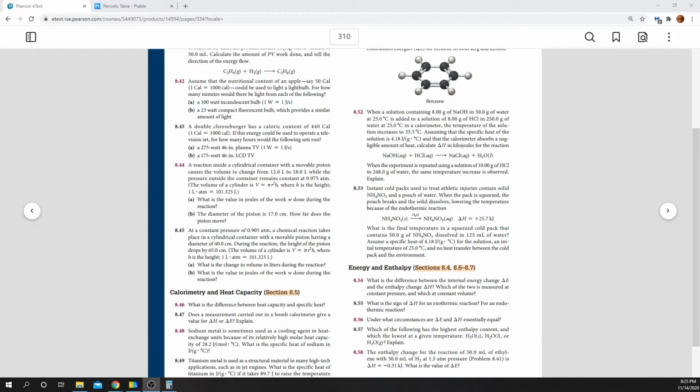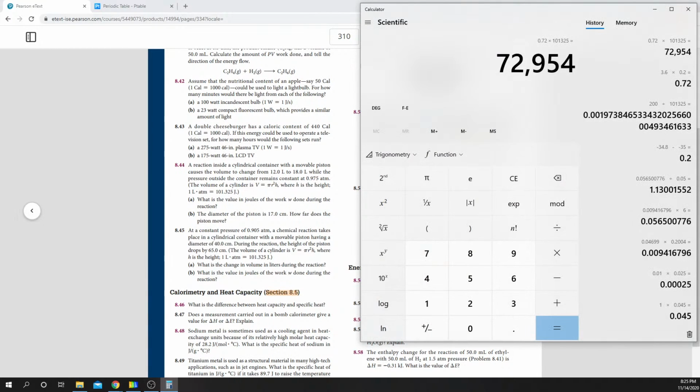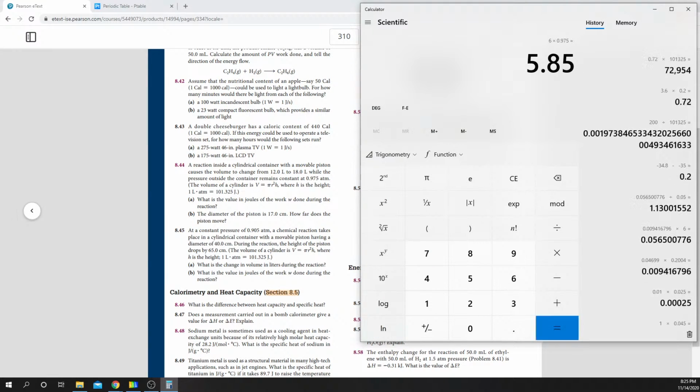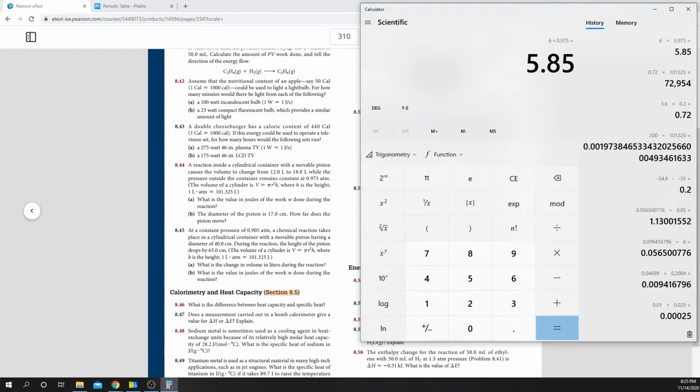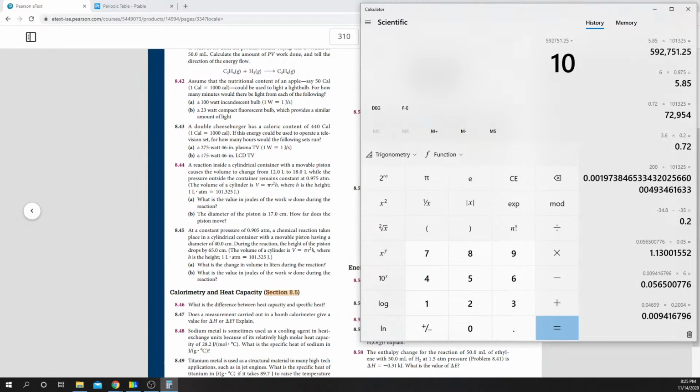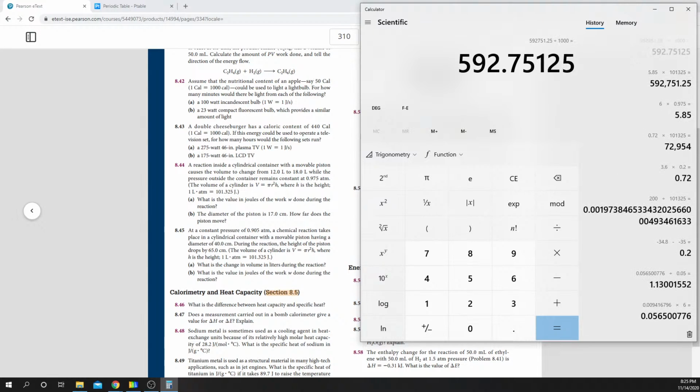Okay, so delta V is positive 6, and P is 0.975, so P delta V is 6 times 0.975. That's the liter atmosphere, so we multiply by 101.325. No, got to divide by 1,000. It is 593 joules of work, and it is negative because it's an expansion.